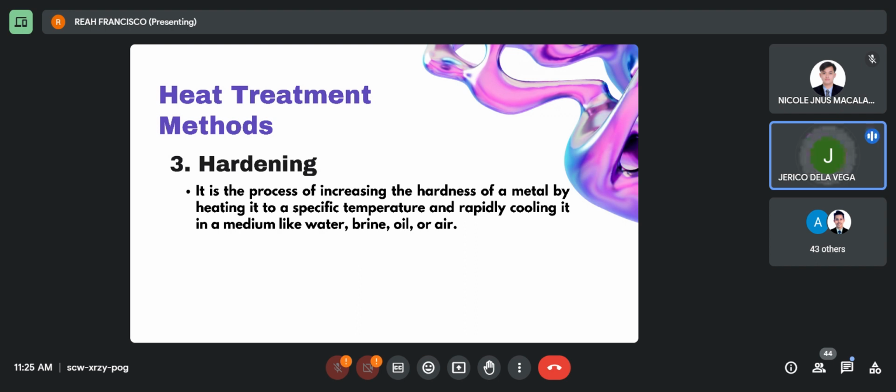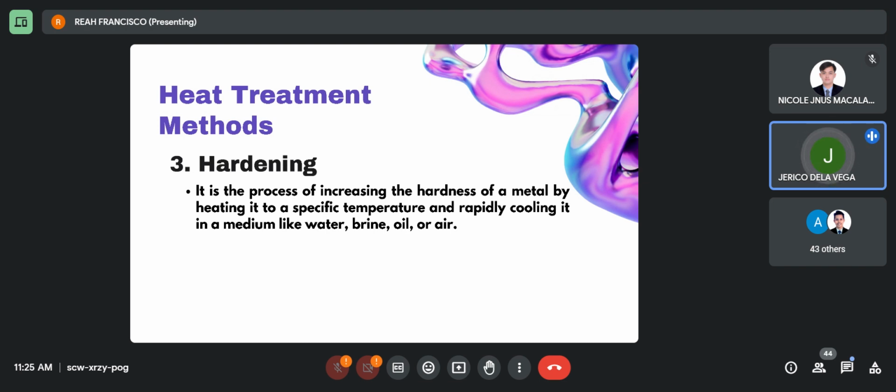So ang hardening po ay nagsasaserve ng following purposes, like increased hardness po. Kasi nga po hardening po ito. So hardening significantly increases the material's hardness, making it more wear resistant and suitable for applications where strength and durability are critical. So the next one is enhanced strength. The rapid cooling during the quenching also leads to improved strength properties in the material.